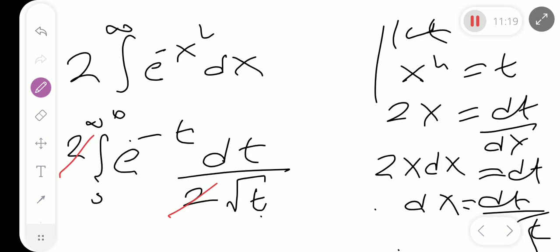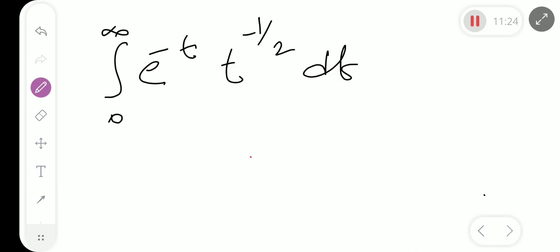From this equation I get this. So you use the concept of gamma function here, e to the power minus t, t to the power n minus 1.